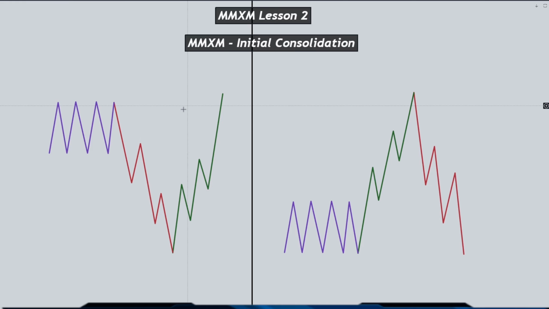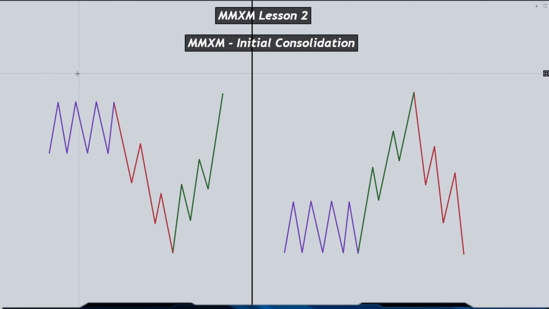Now for every market maker model, there are two sides of the model. For the market maker buy model, you will get the sell side delivery, and after the sell side occurs, you will get a buy side delivery that will target the initial consolidation's liquidity.